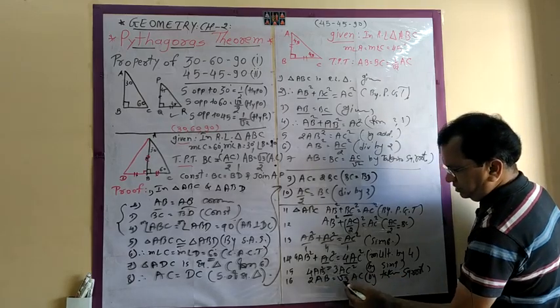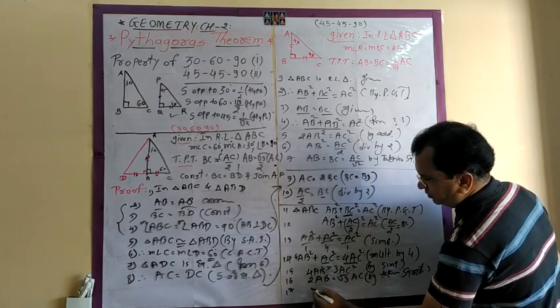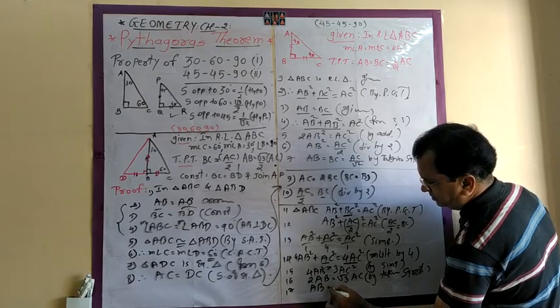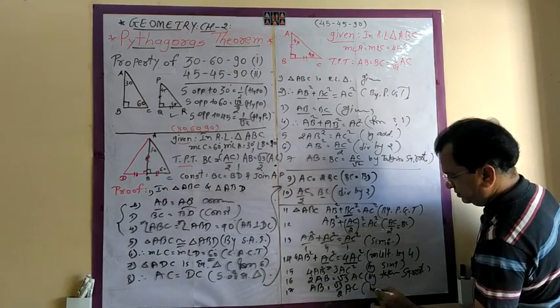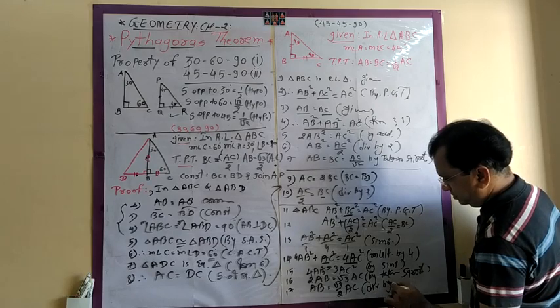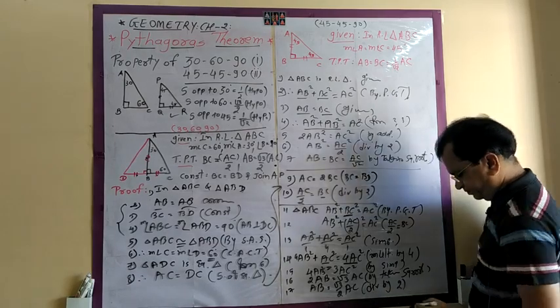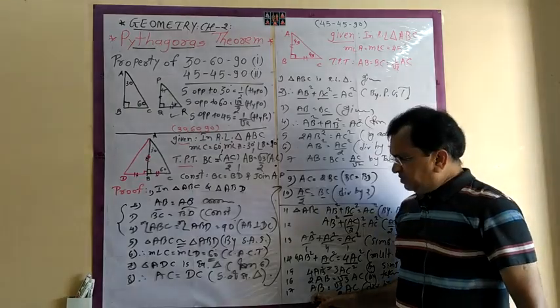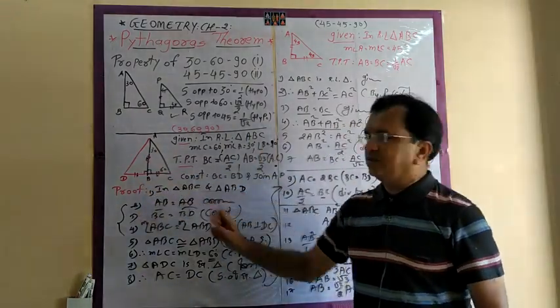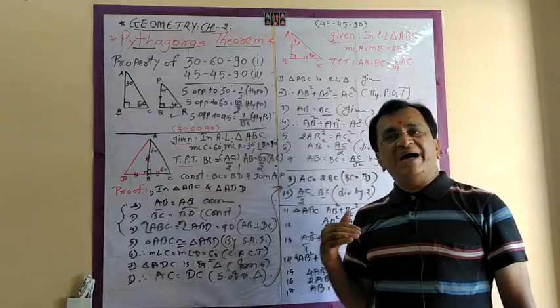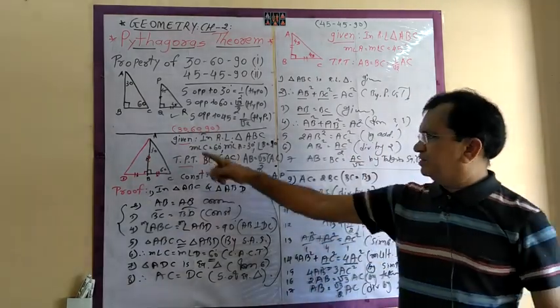Now 2 divide by 2. So AB is equal to root 3 by 2 of AC. AB, that is the opposite to 60. Opposite to 60 is equal to root 3 by 2 of hypotenuse.